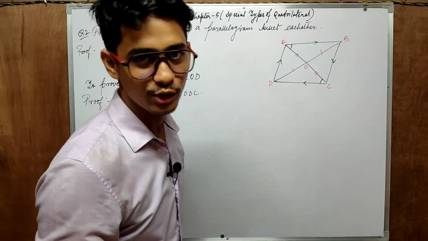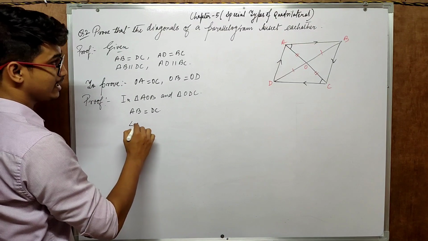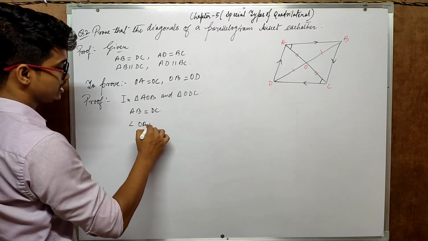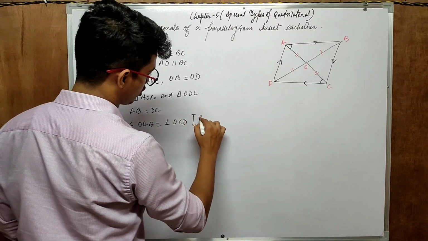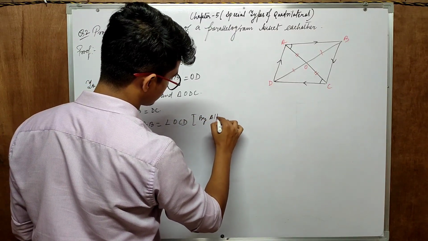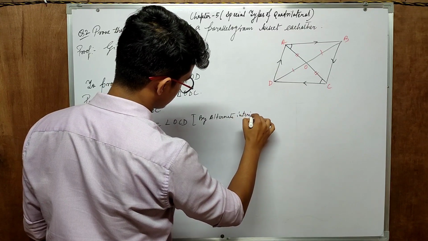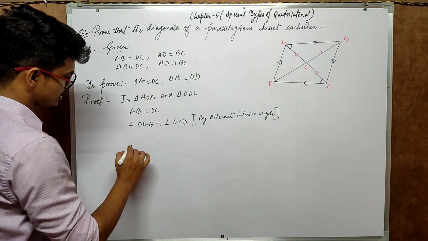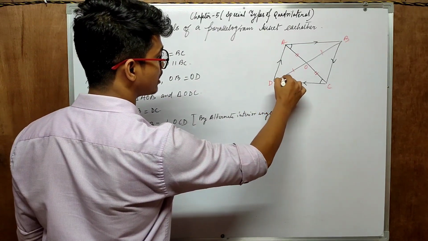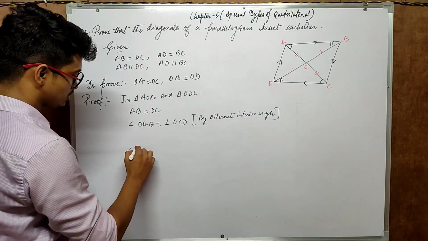As I have already told you, these triangles will be equal by what? Angle OAB is equal to angle OCD by alternate interior angle, right? And last but not the least, this angle is equal to this angle, again the same thing, alternate interior angle.